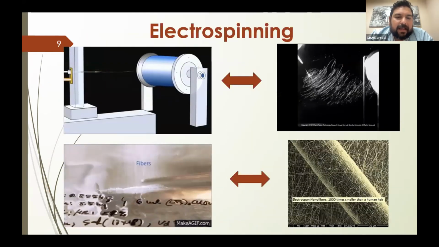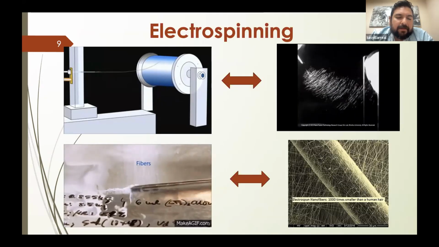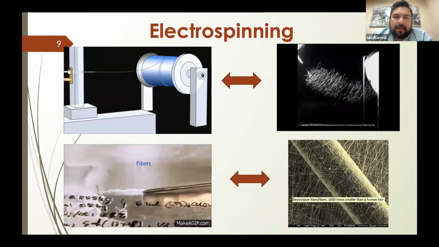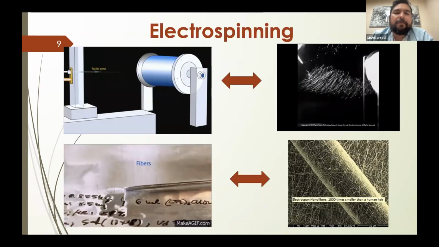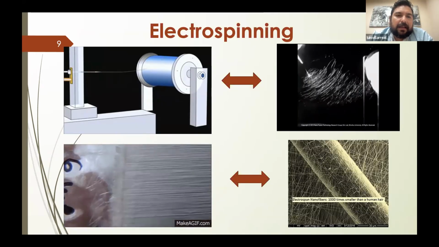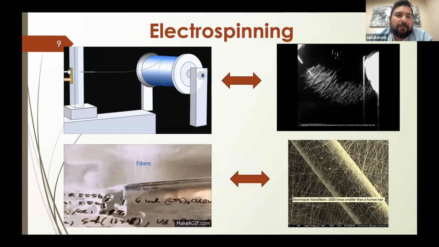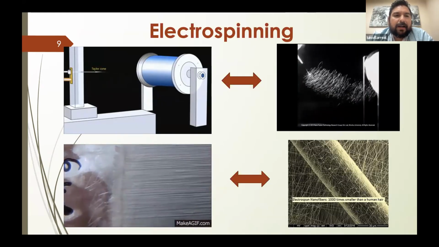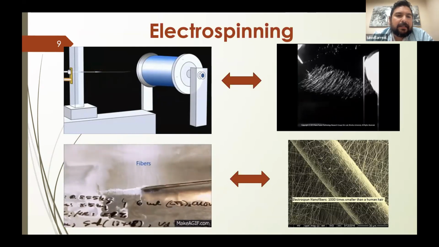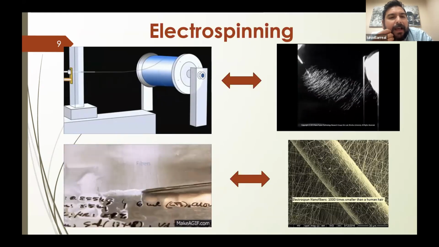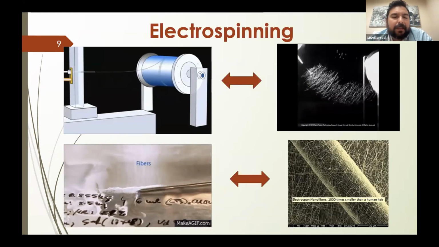Here in this slide, I show you how the fibers are prepared. You have different collectors at the upside of the slide. As you can see at the upper left, you can see a rotatory collector where the fibers are collected with a specific pattern.